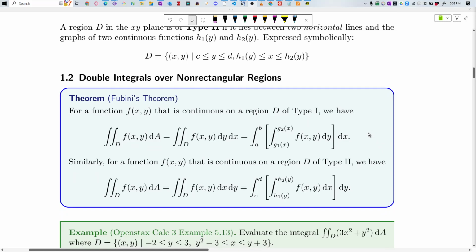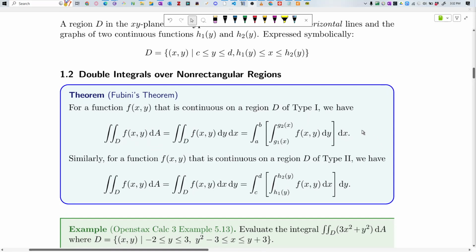Now, Fubini's theorem is essentially the same as in the rectangular case. It's just saying that taking an integral over a two-dimensional region can be described as an iterated integral. The fact that these two things can be equated is Fubini's theorem, and it's just that when we construct an iterated integral for a region of type 1, we will want the integration with respect to y to be inside.